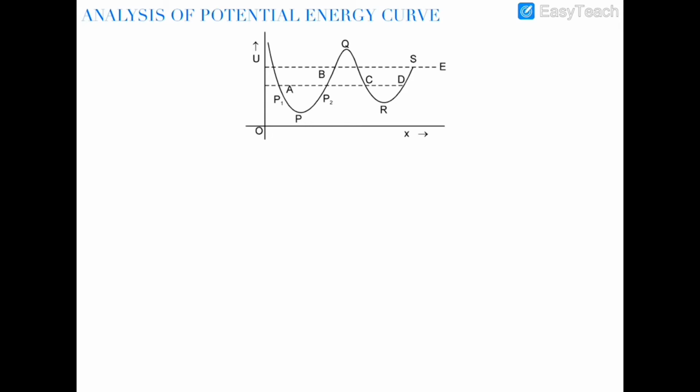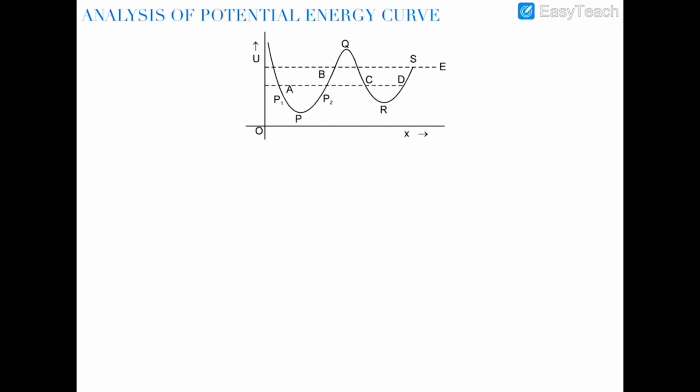Now we need to identify the positions of stable equilibrium and unstable equilibrium, and also the region where the force acting on that particle is positive and the region where it is negative.